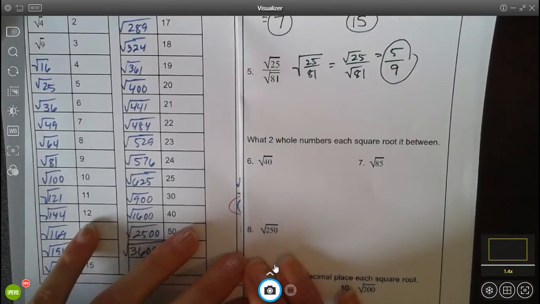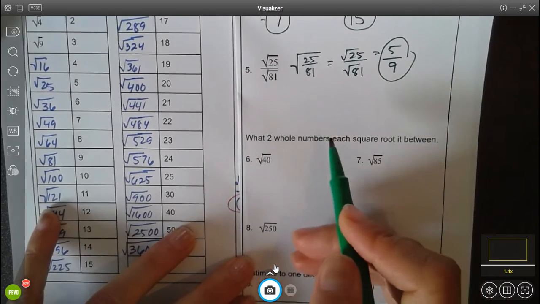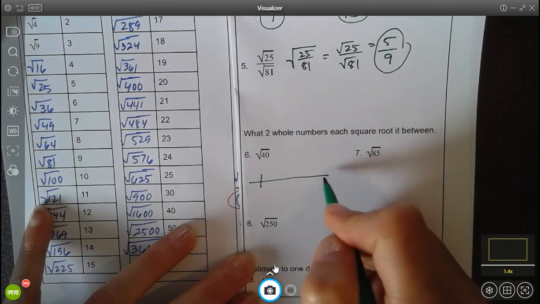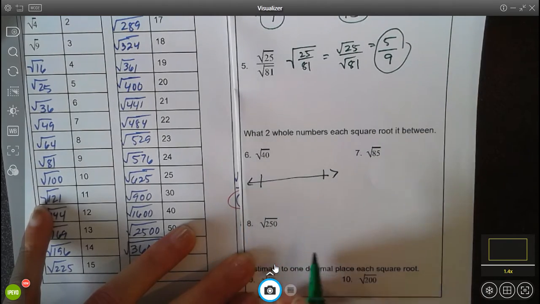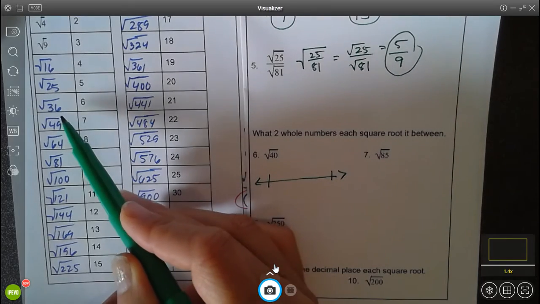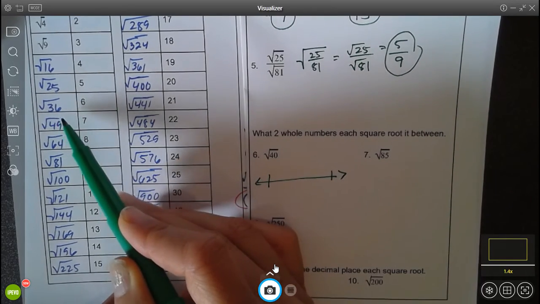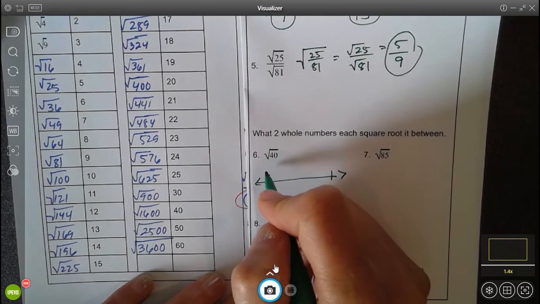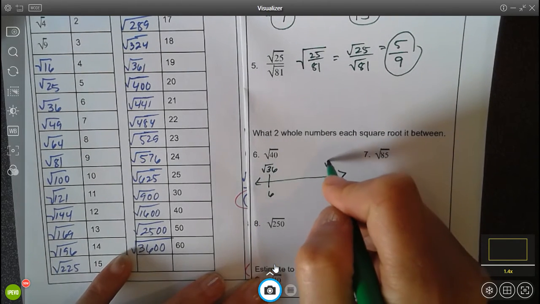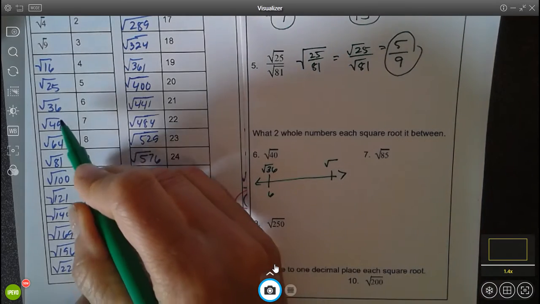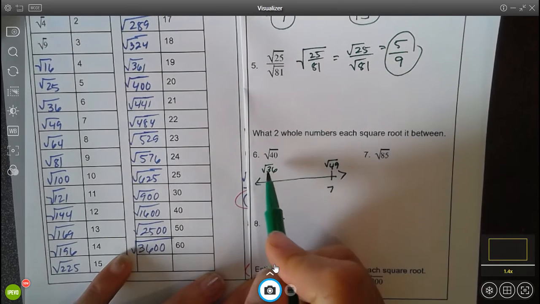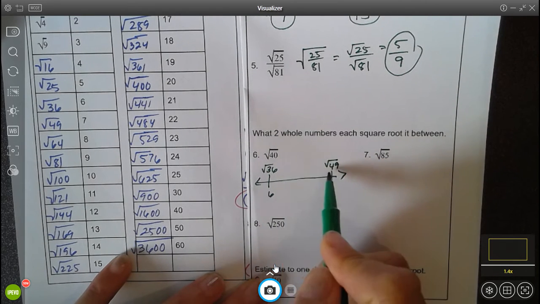Next, it moves on to stating which 2 whole numbers it's between. So if we look on our number line, if we look at the chart, the square root of 40 is not on here. So the square root of 40 would be somewhere in between here. So the square root of 36 is 6, and the square root of 49 is 7. So I'm kind of thinking about where 40 would be in comparison to these numbers.